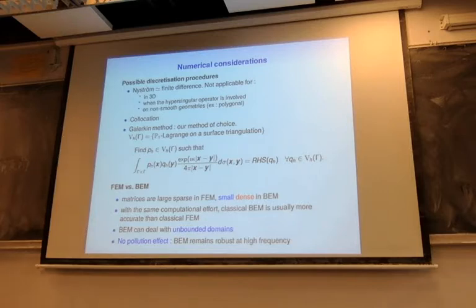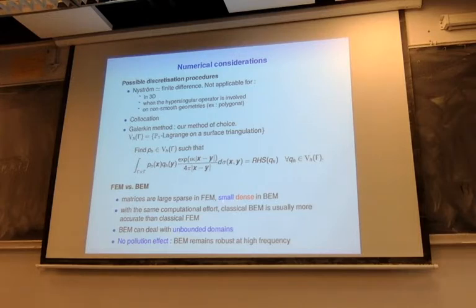A few words about the comparison between FEM and BEM. There are problems that you can only solve with FEM, there are problems you can only solve with BEM, and there are problems you can solve with either one or the other. In situations where you can solve either, FEM leads to large matrices that are sparse.